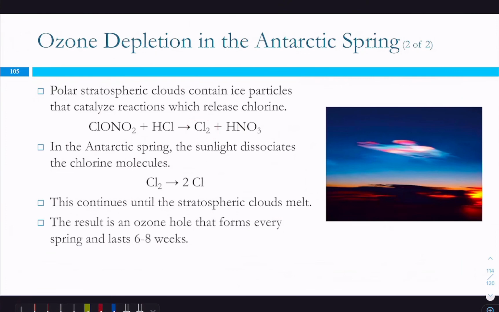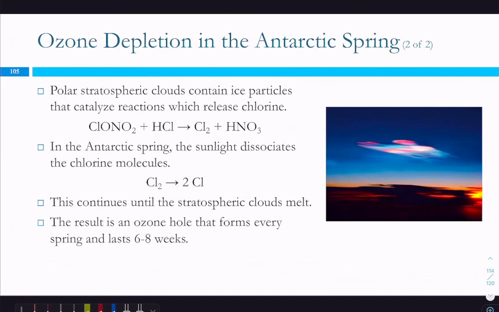So that chloronitrate has trapped all of the chlorine, but then it can be catalyzed by ice in the clouds, releases that chlorine, and now the chlorine is able to undergo photolysis into atomic chlorine, where then it can catalyze the destruction of ozone.